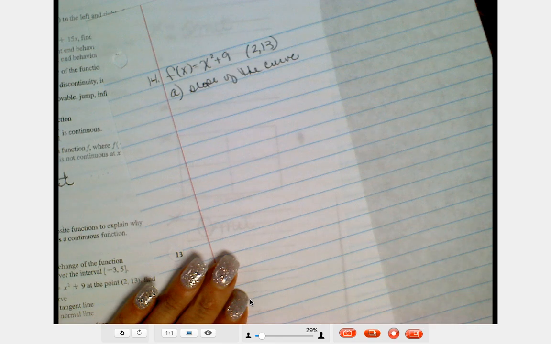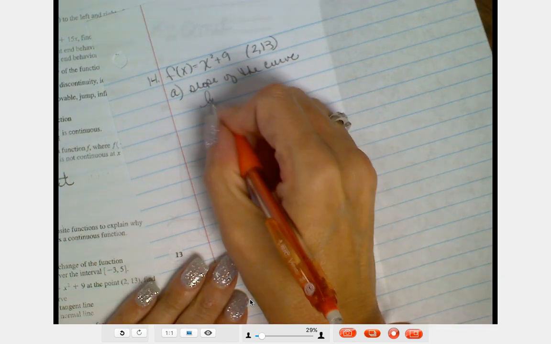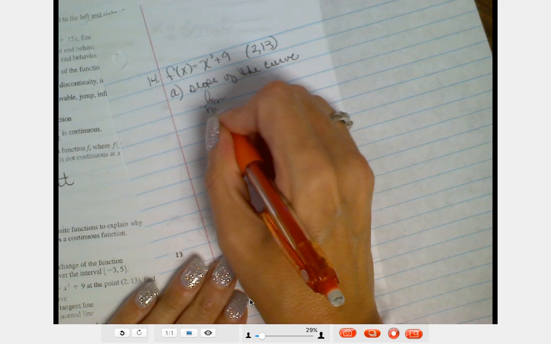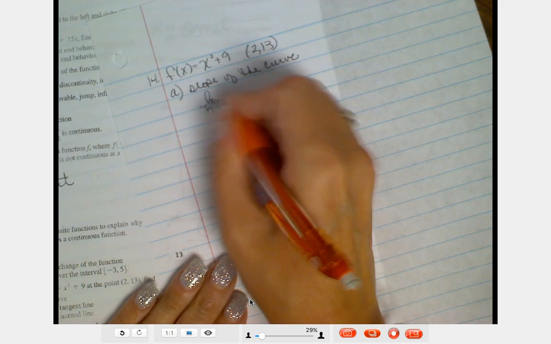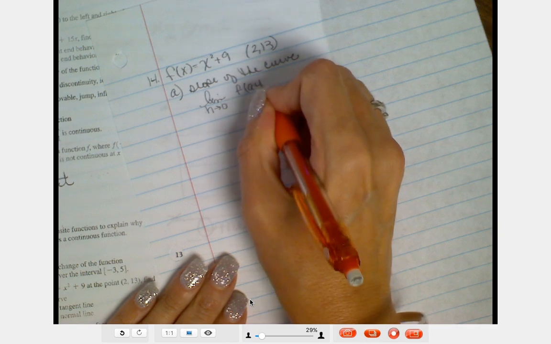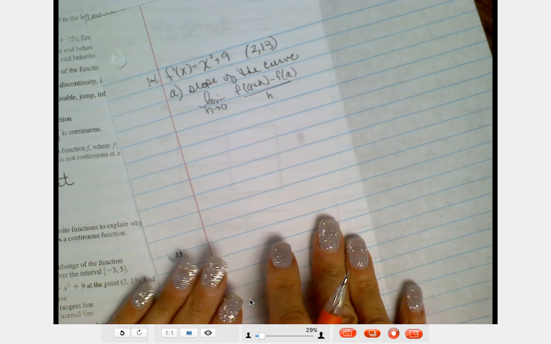Okay, so that's where it involves the limit as h approaches 0. This is just standard: f of a plus h minus f of a over h.